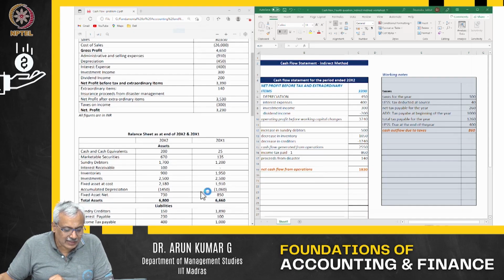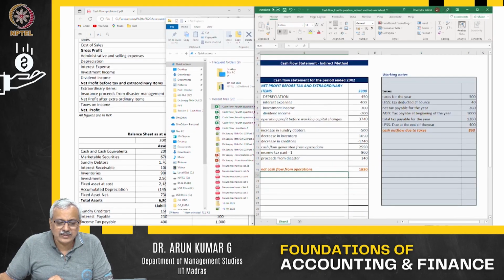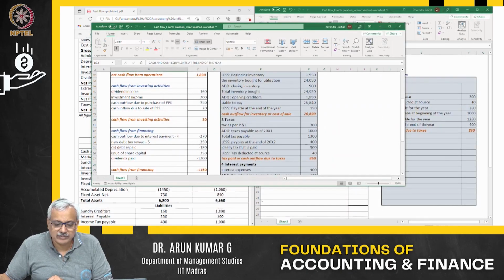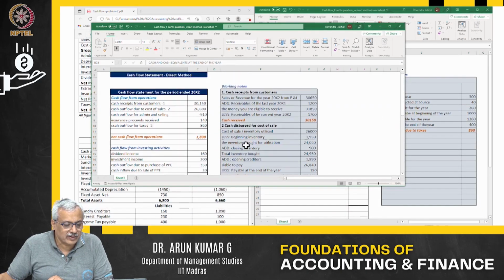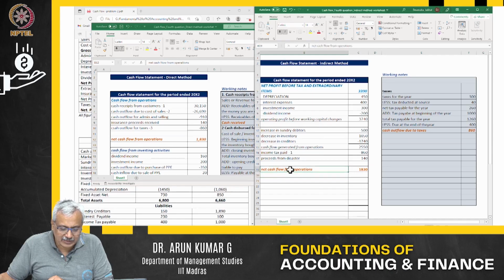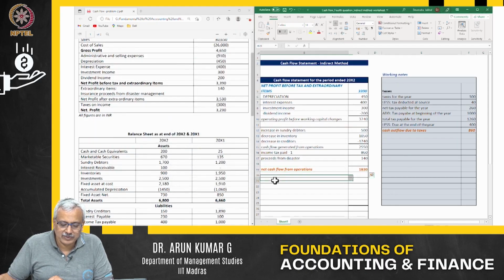Let us open that file and see. What is the net cash flow from operation there? 1830 in the direct method. So, it does not change, the net cash flow remains the same.